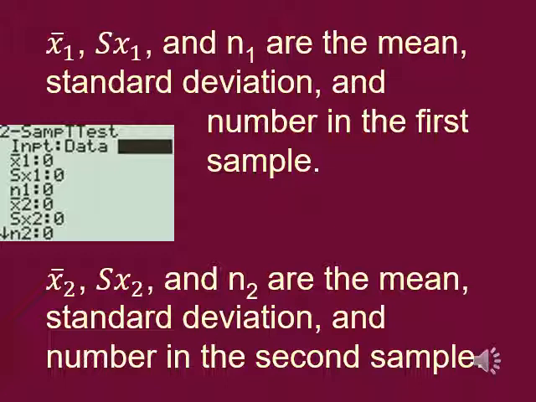What they're wanting to know are the mean, the standard deviation, and the number that were in each of the two samples that you have. The things that have ones after them are asking about your first sample. The things that have twos after them are asking about your second sample. Again, in any problem you're doing, that's all going to be given in the problem. You may have to shuffle it around and make sure that you know the right order for the numbers, but you'll know all of that ahead of time.